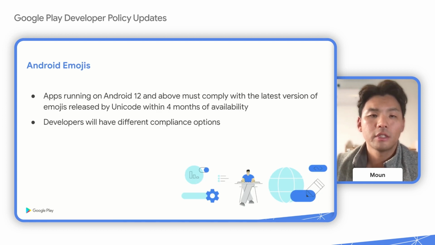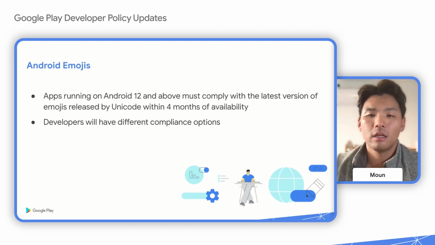Next, we are launching a new Android emoji policy to give users an inclusive and consistent user experience across the Google platform. When the Unicode version for an app is outdated, users often don't see new emojis as is intended. Instead, they may see small square boxes or an incorrect set of emojis.